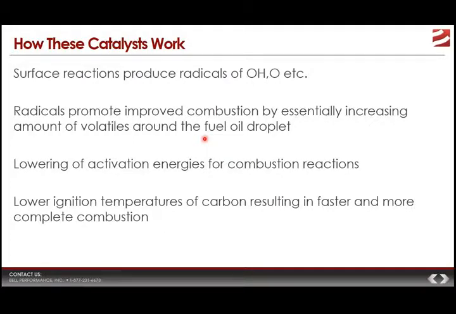What surface catalysts do, what organometallic combustion catalysts do, is they do two things. First thing they do is that as they interact with the hydrocarbons, they increase the number of radicals of hydroxyl and oxygen that are produced. Now, a radical, that's a chemistry term. A radical basically means half of a molecule.